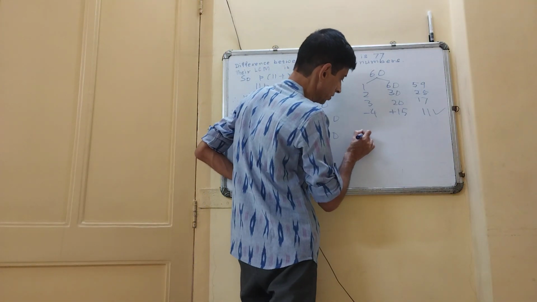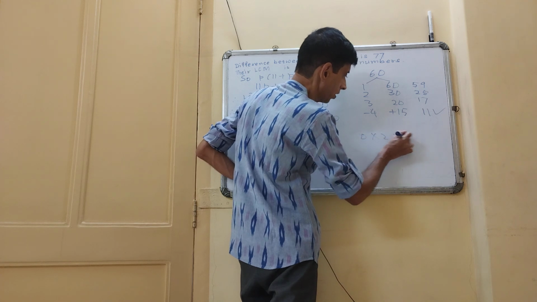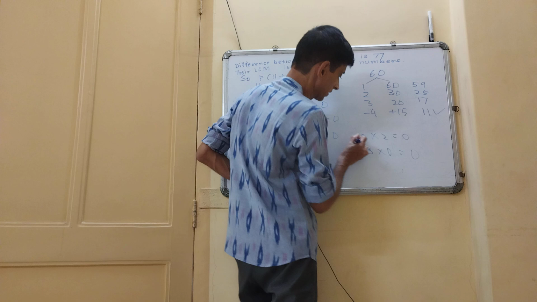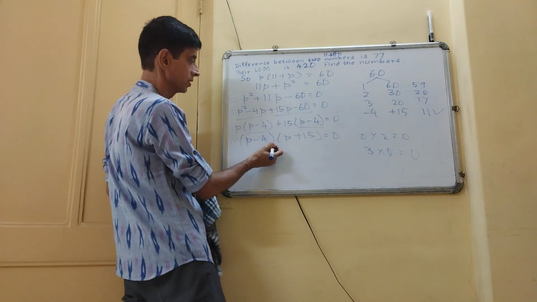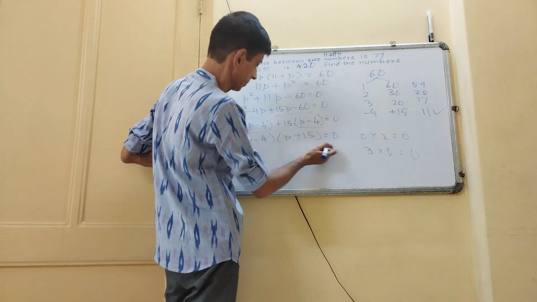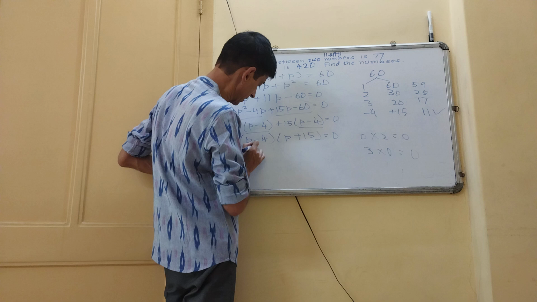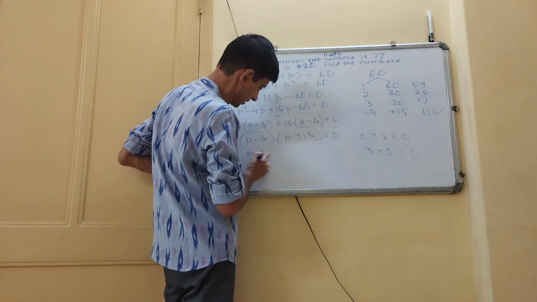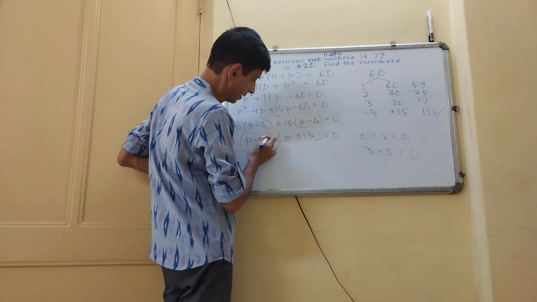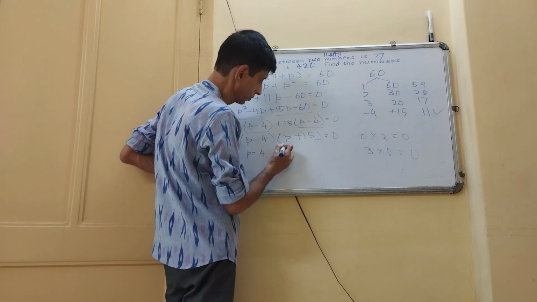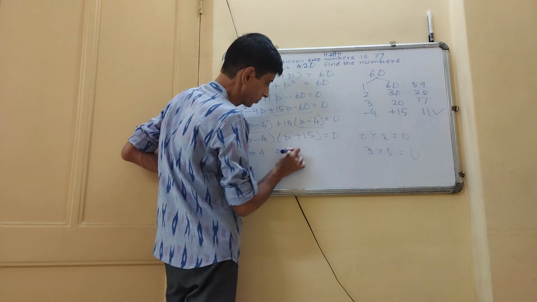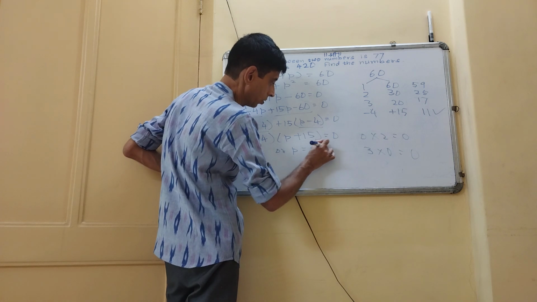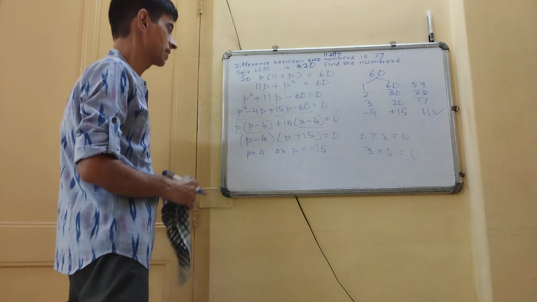Like 0 into 2 is equal to 0, or 3 into 0 is equal to 0. So either the first term has to be 0, or the second term has to be 0. Now if we equate it to 0, then p will be equal to 4. I am skipping one small step. P minus 4 is equal to 0, so p is equal to 4, or p is equal to minus 15. That plus 15 will go to that side.